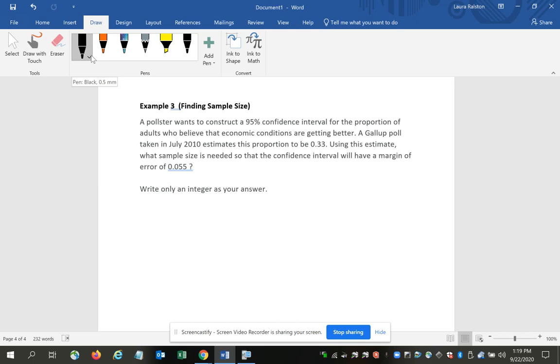To get your sample size n, you need p hat times 1 minus p hat times your critical value for z divided by the margin of error, and that quantity is squared.